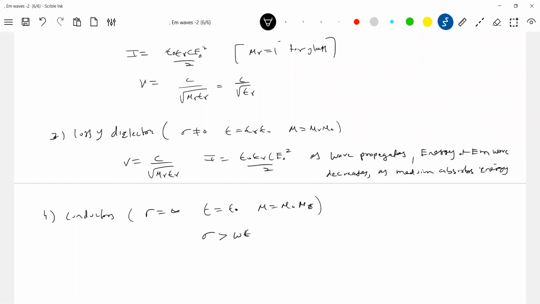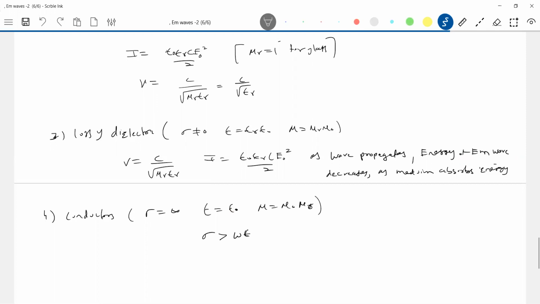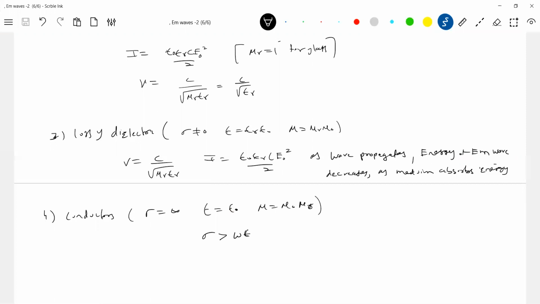Again, don't get confused. I know that we put infinity for epsilon r, but with respect to the EM wave we are analyzing dynamic, varying electric fields, not static electric fields. So don't get tempted to write infinity here.